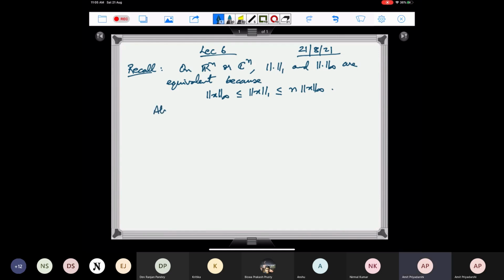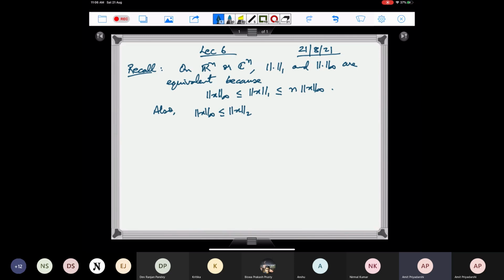Also, if you consider the two norm and infinity norm, then the two norm is again bigger than or equal to the infinity norm, because the two norm is the summation of mod xi squared. That is clearly bigger than or equal to the maximum of mod xi squared, and then you take the square root.